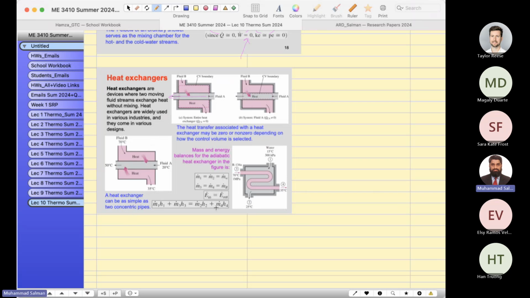So let's apply, look at this one. The mass and energy balance for the adiabatic heat exchanger in the figure is m dot 1 equals m dot 2. So these are the two containers. One is the pipe flowing through the radiator. This pipe is usually very hot.